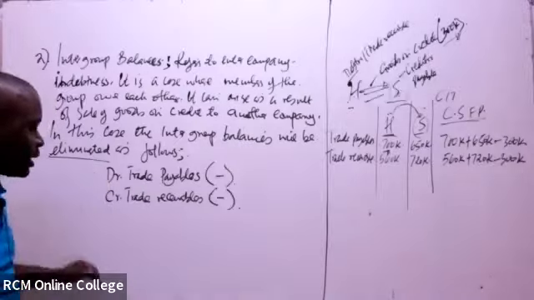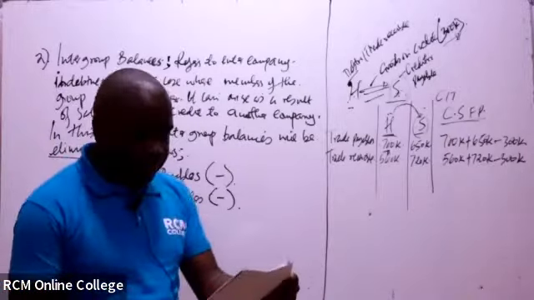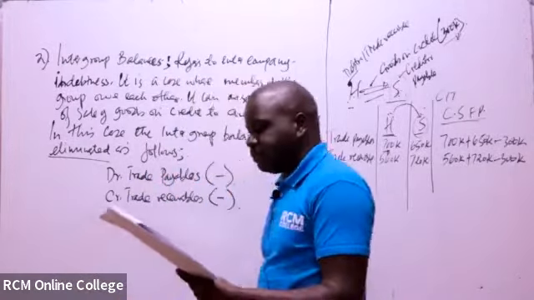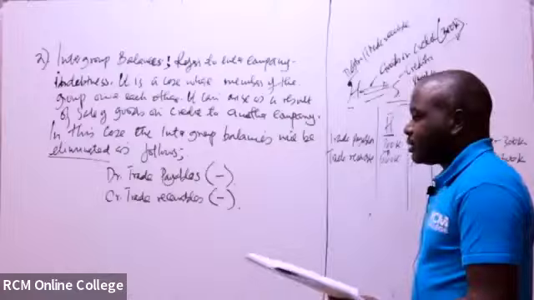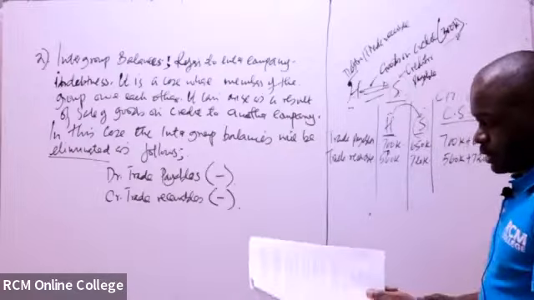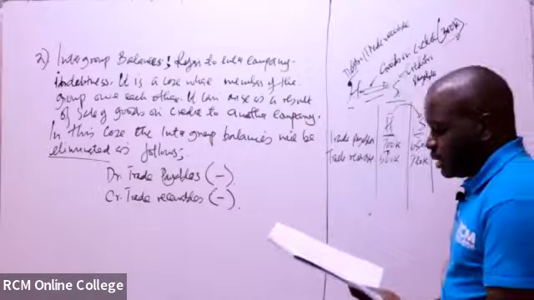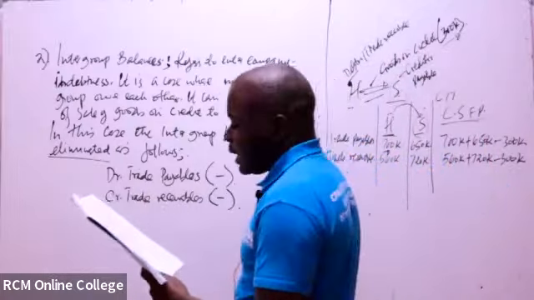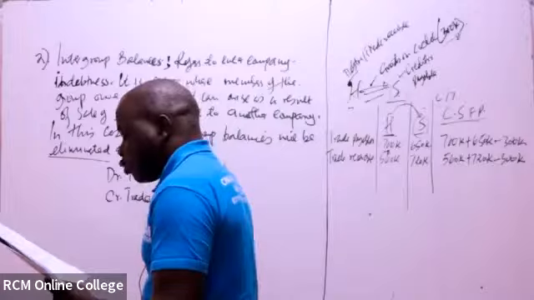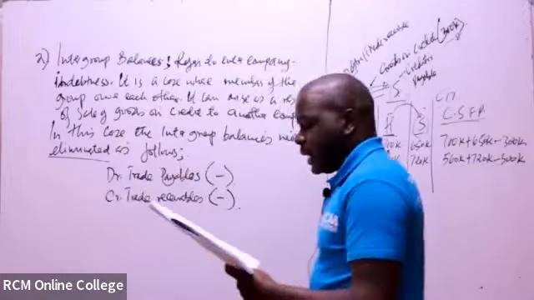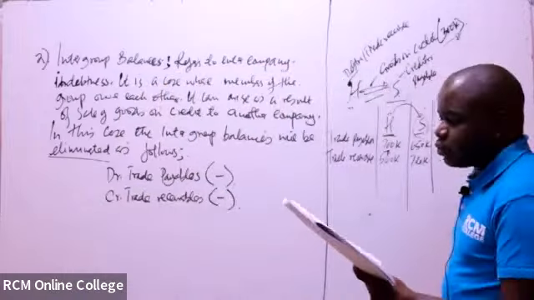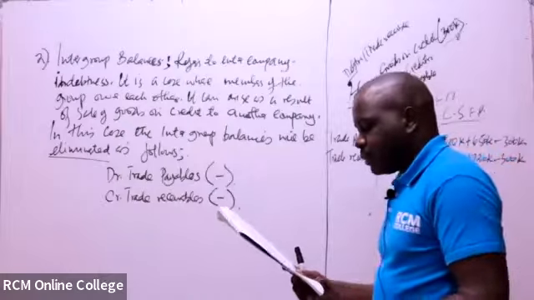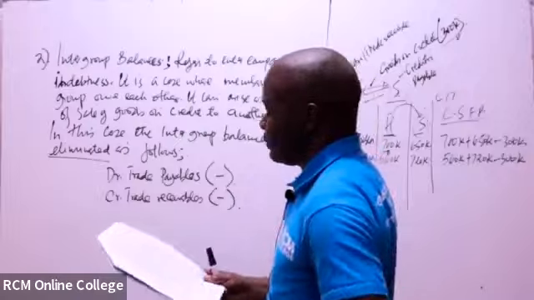You can write another paragraph: any cash in transit need to be adjusted before eliminating the intergroup balances.